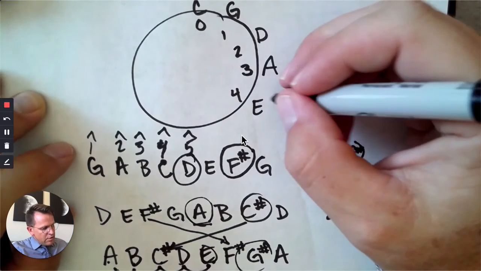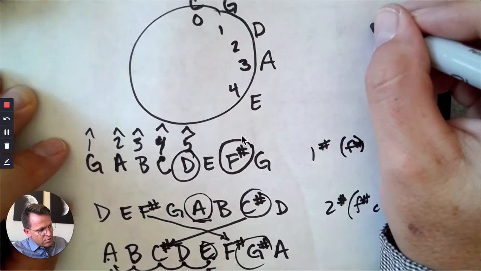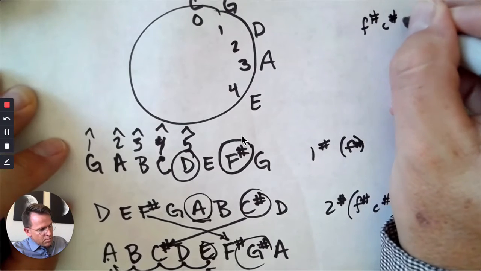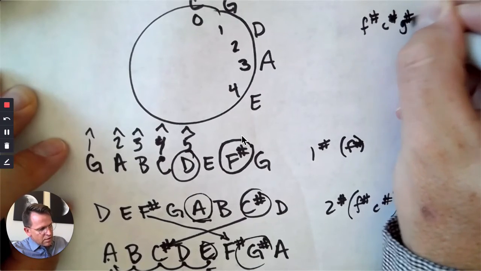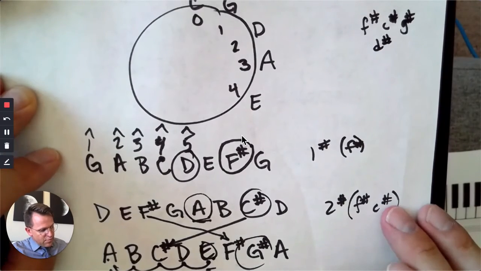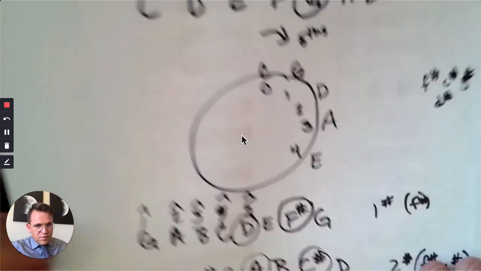So in E major, I'm making a guess that I'm going to have F sharp, C sharp, G sharp, and D sharp. Again, this is assuming that you don't already know your keys and you're building them for the first time. So let's take a look at that and see what it looks like.